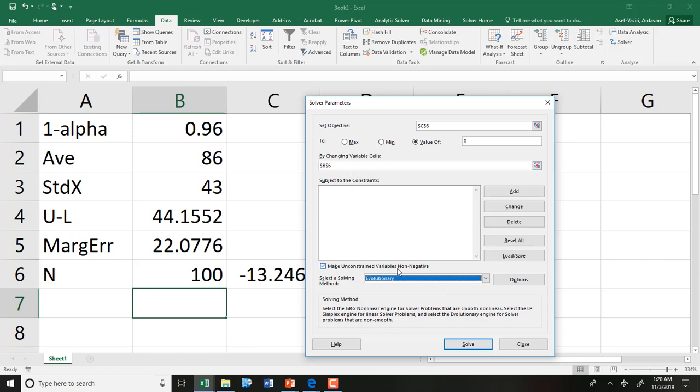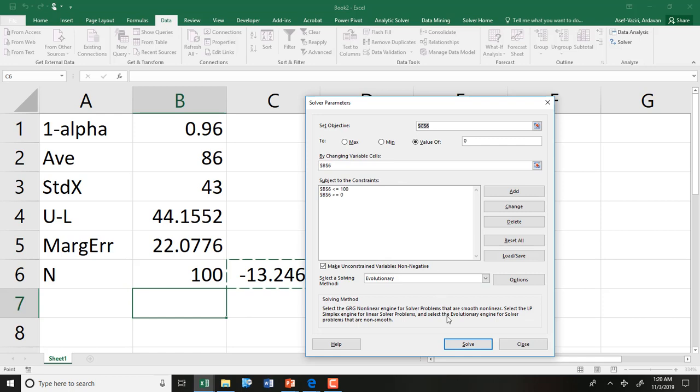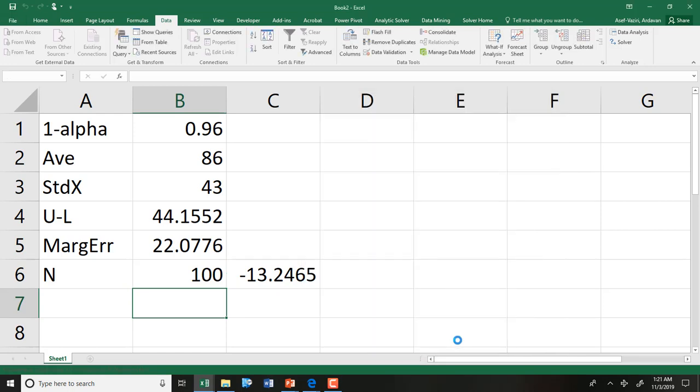I changed this one, I made it evolutionary, but the evolutionary algorithm needs some bounds. Our n definitely is greater than or equal to 0. We know that sample size cannot be negative. Okay, and sample size should be less than or equal to 100 because I know it's less than or equal to 100. I enter it and then I say solve. It takes some time.